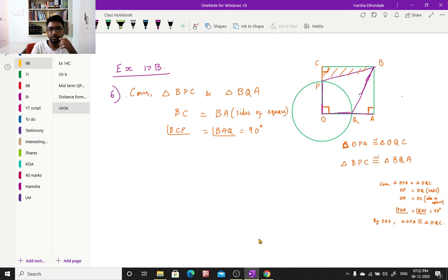This is done. Next, I have to show that this side CP is equal to QA. This is all I have to do.